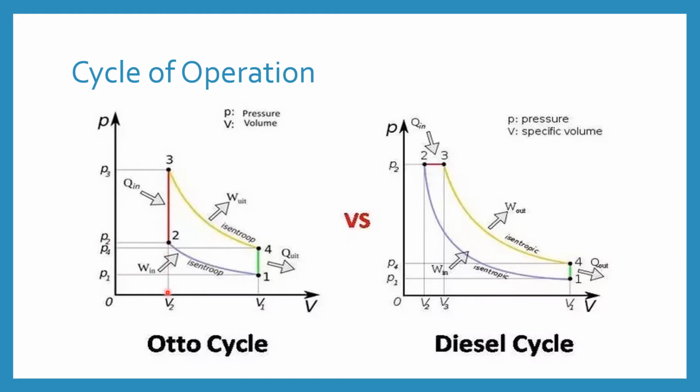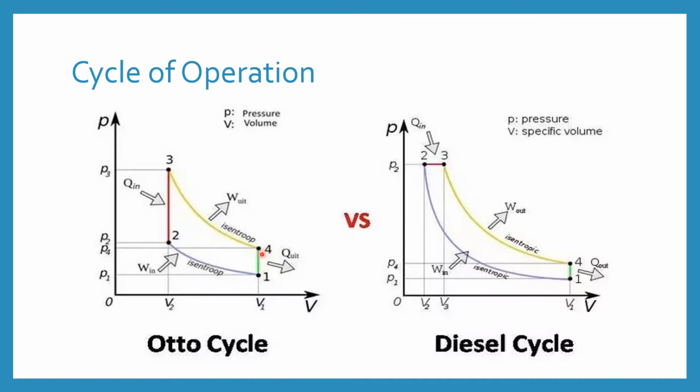Then it is a constant volume when it moves from 2 to 3. During that time the pressure is increased from P2 to P3. So at point 3 there is a high pressure. Then the pressure reduces from 3 to 4.